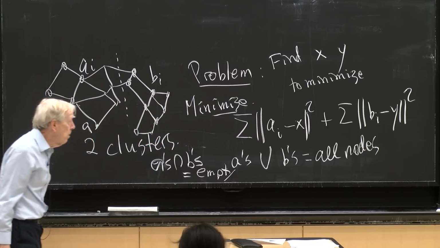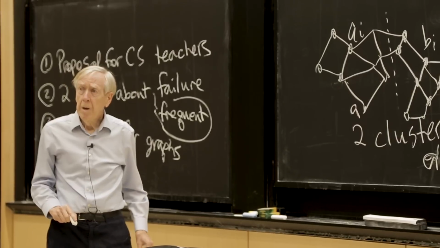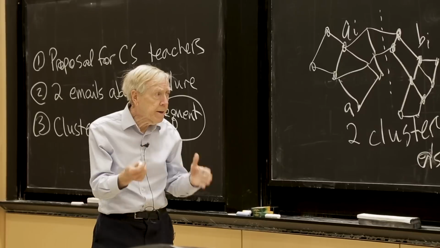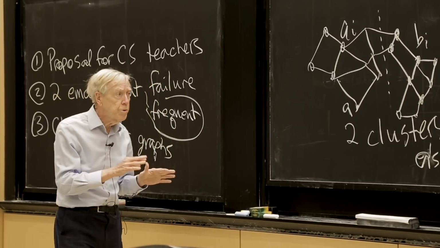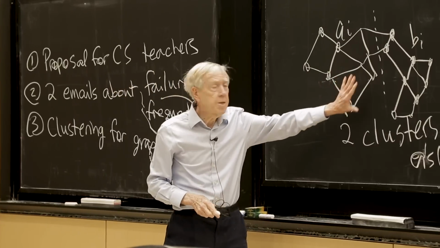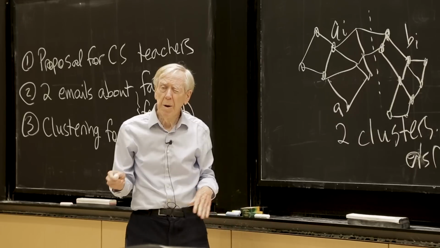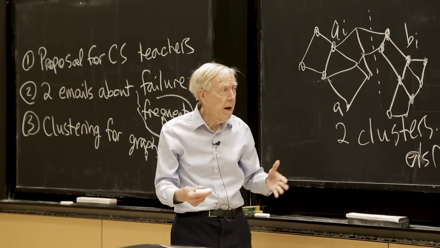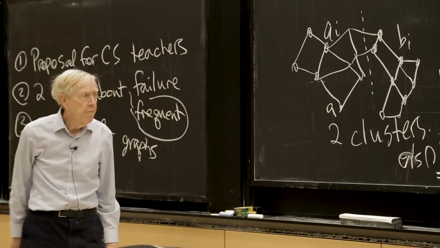Okay. There are a lot of different algorithms to do it. Some more directly attack this problem. Others use matrices that we associate with the graph. So let me tell you about two or three of those algorithms. If you've had a course in graph theory, you may already have seen this problem.